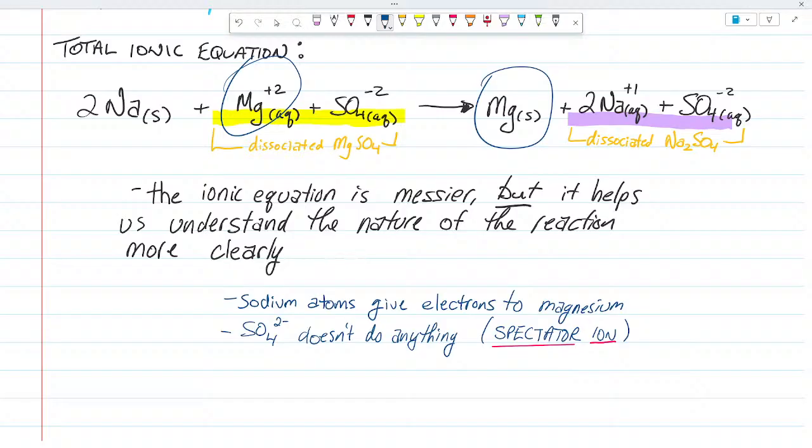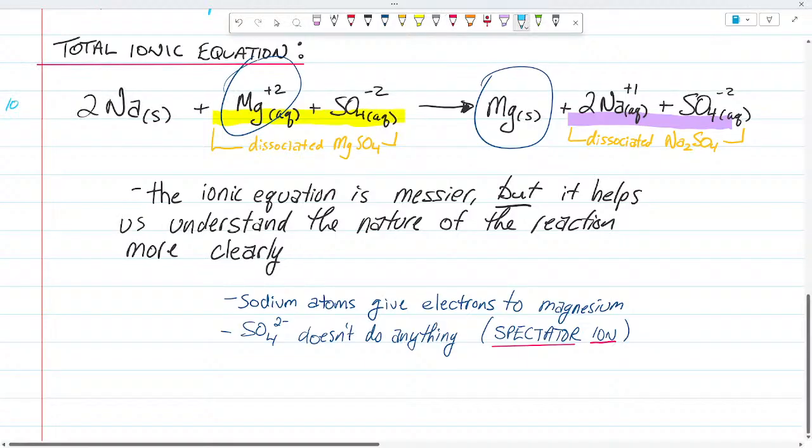So, what can we do with that? Well, we can actually go a step further, and we can say, if it doesn't do anything, why am I writing it in this equation? For example, this reaction is aqueous, which means it takes place in water, which means if we wanted to, we could say we've got like 1,000 waters for every one of these things, and we start with them and we end with them, but we don't write them.